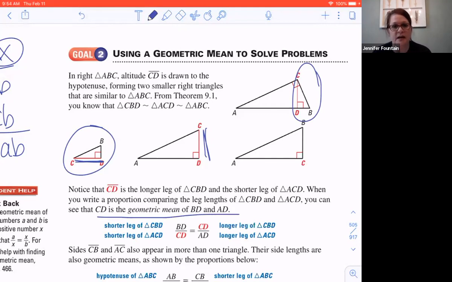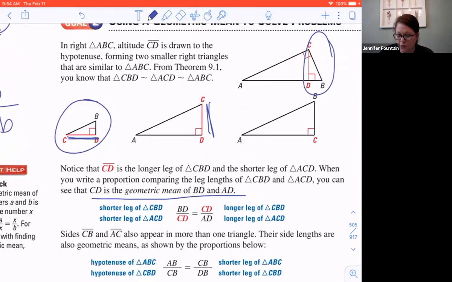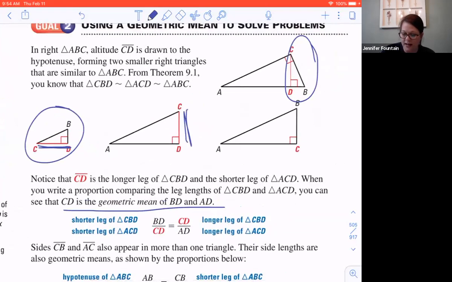Okay, so that is my geometric mean there. So what it says is I can set up the shorter leg of triangle CBD over the shorter leg of triangle ACD. So that's why I have BD over CD, because remember they both share the common CD leg.